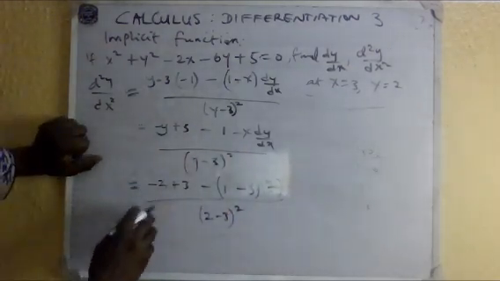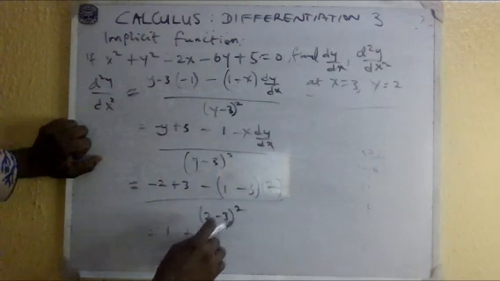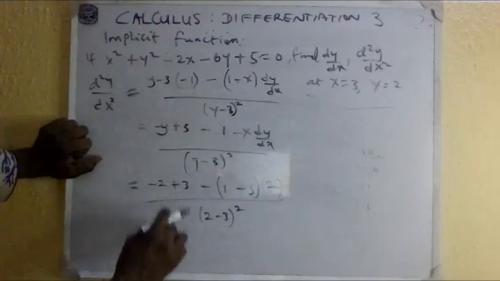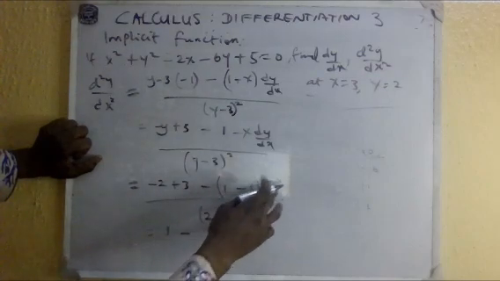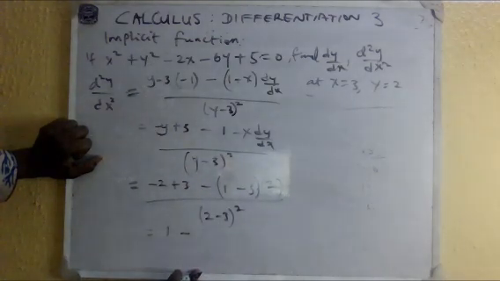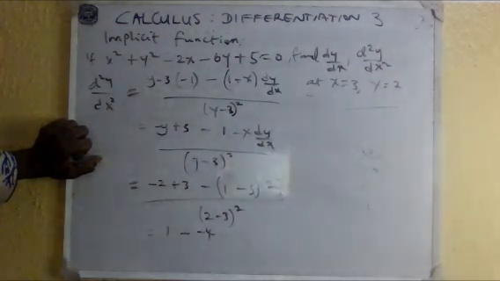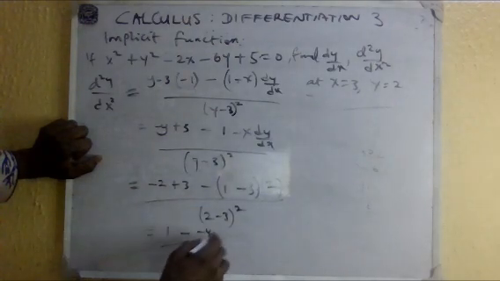At this point, this minus this is 1 plus 1. Then this and this is minus 2 times 2, minus 4, minus 4, all over minus 1 all squared.